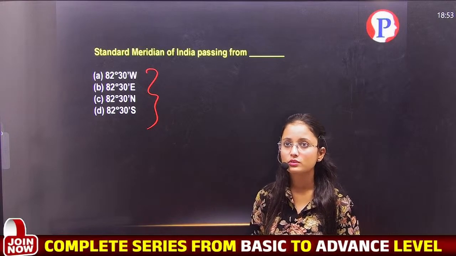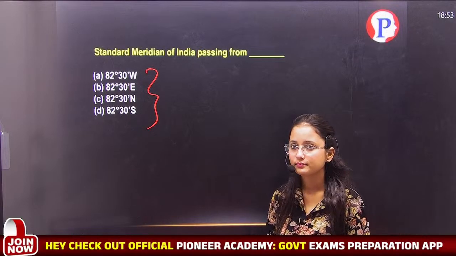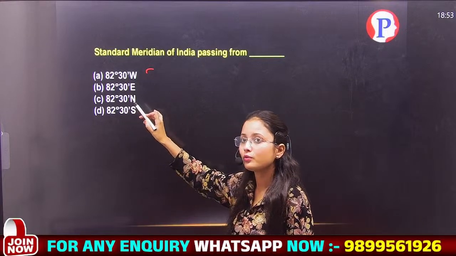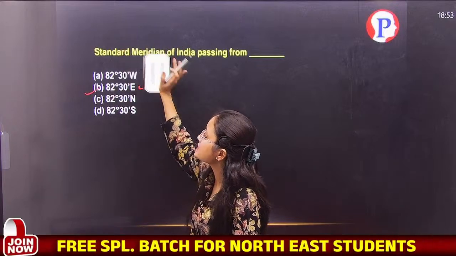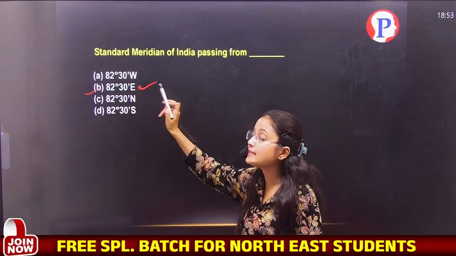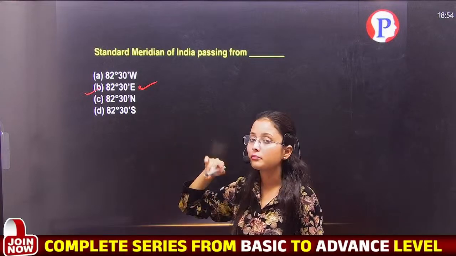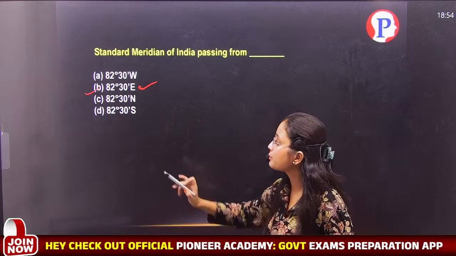Ritesh, don't confuse. Okay, now the right answer is option B, that is 82 and a half degree eastern longitude. Not western, not northern, not southern, because the whole of India is located in the eastern hemisphere.